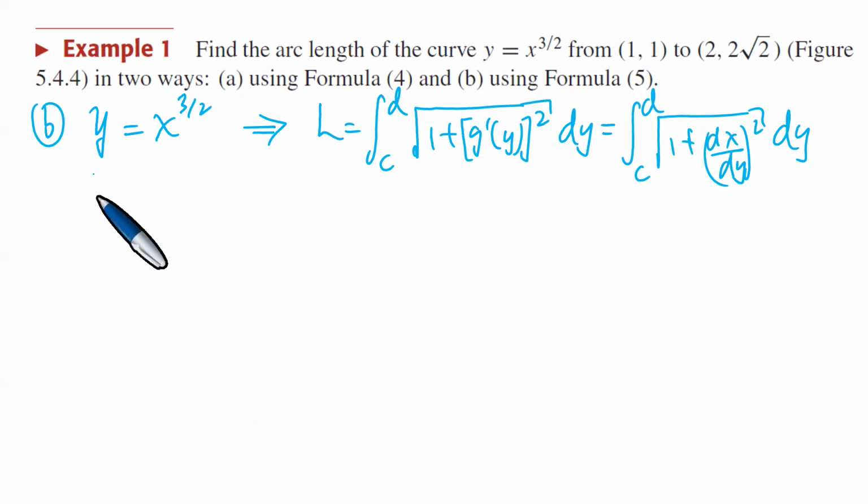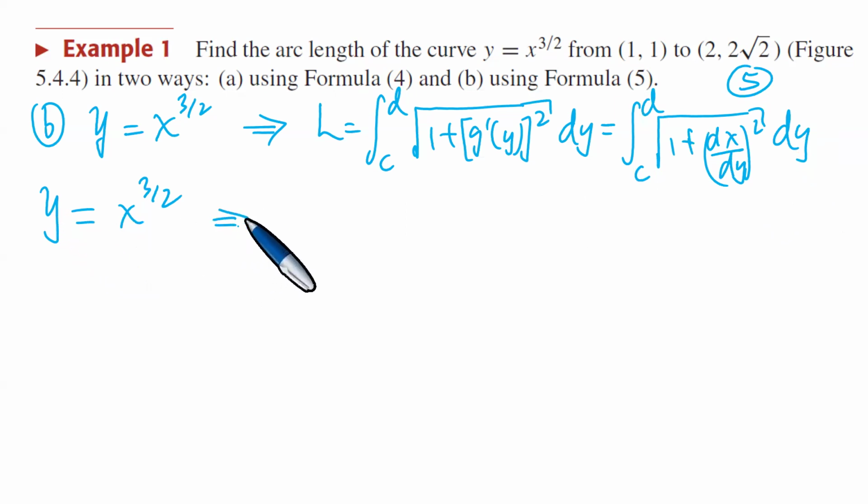But we remember that our y is x to the power 3 out of 2. But we need to get dx over dy in formula number 5, which is this one. To make x the subject, we need to solve for x, and to do that we need to raise to the power.